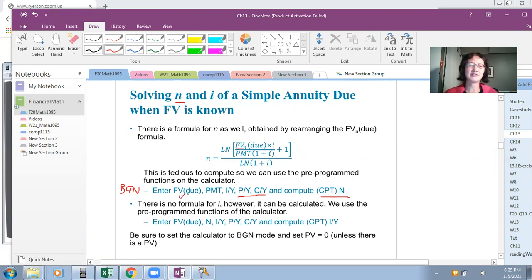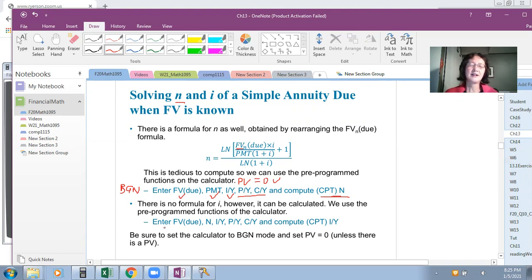Future value is given, PMT is given, interest rate is given, and you have to enter PV. Present value is 0 as a precaution. So you enter these 4 numbers, then you can calculate term N.